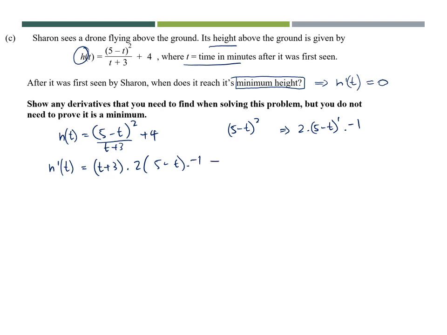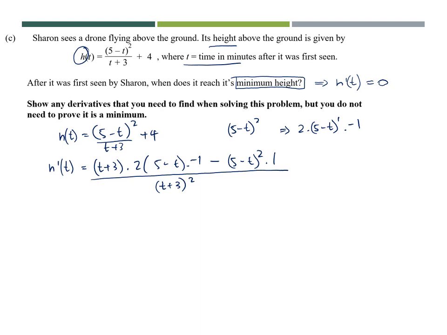I'm going to subtract write down the top one times the derivative of the bottom. Then you write down the bottom one and you square it. And then yeah, okay, cool.